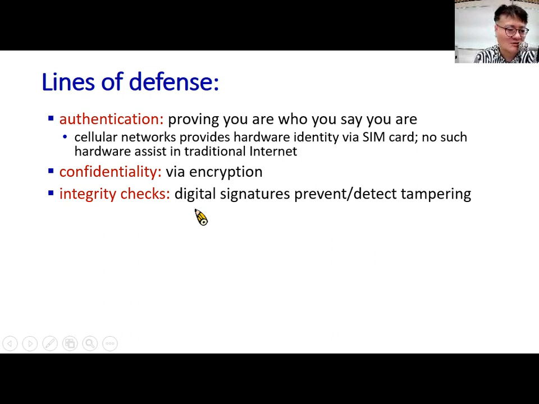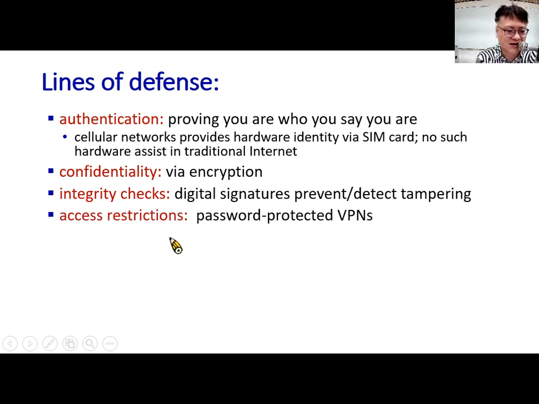To make sure of integrity, the technical way is to use a digital signature, which can prevent and detect tampering.